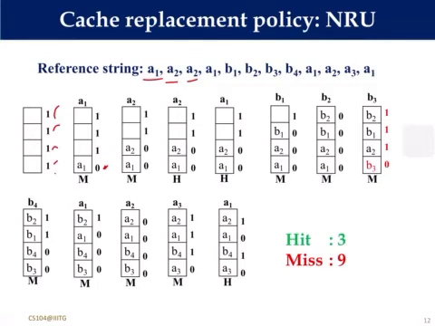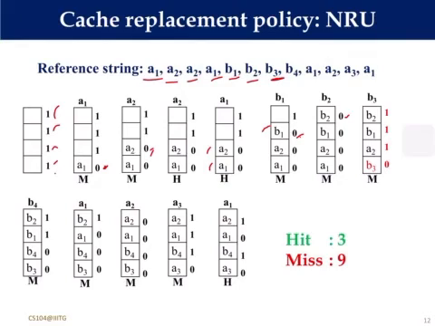A2 comes, set to 0, right? A1 is referenced, so anyway, it doesn't matter. It can be there wherever it is, because it's not a relative position, it doesn't matter here, right? So you don't need to make any changes. B1 comes, its bit is set to 0. B2 comes, set to 0.